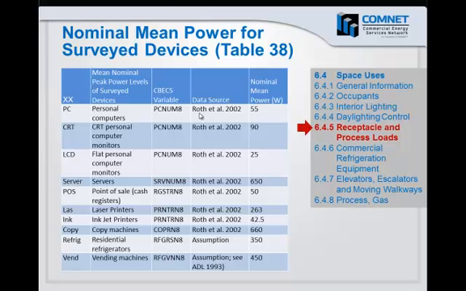So using that previous equation, you basically multiply the number of personal computers times 55, the number of flat plate computer monitors times 25, and this results in the value of the power density that's calculated for the space.